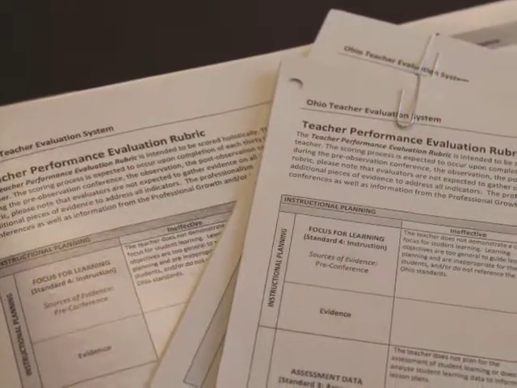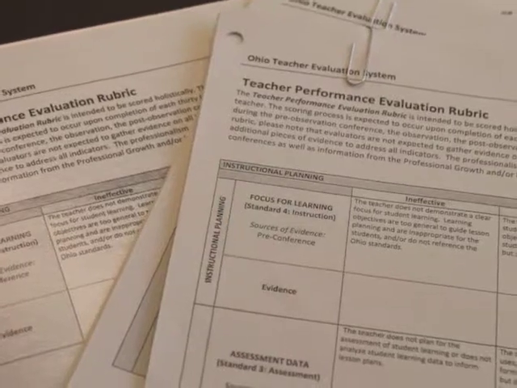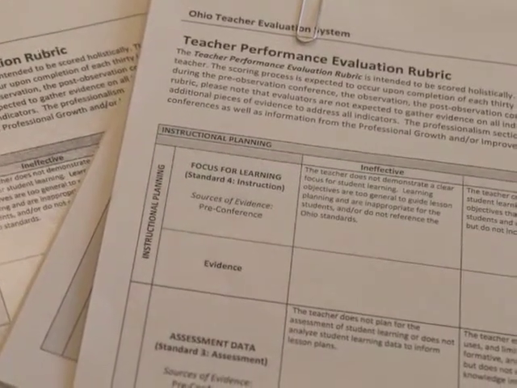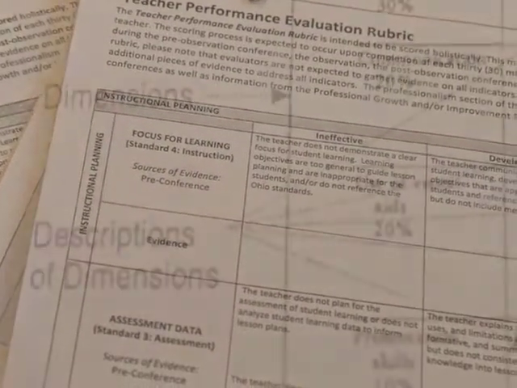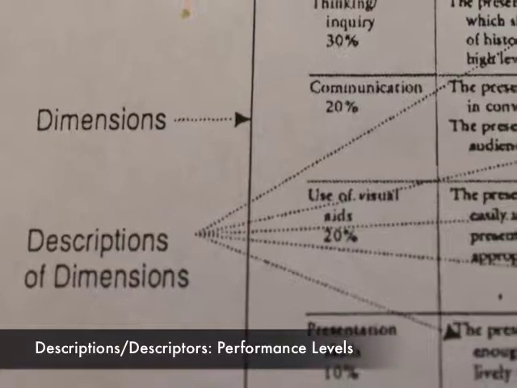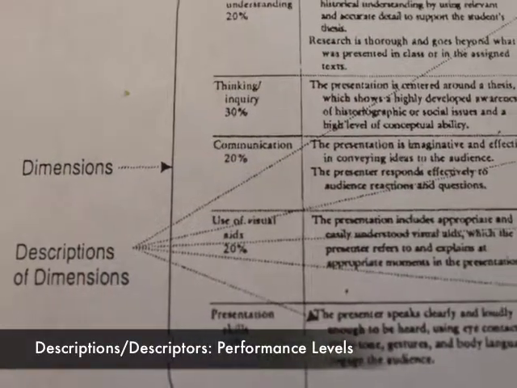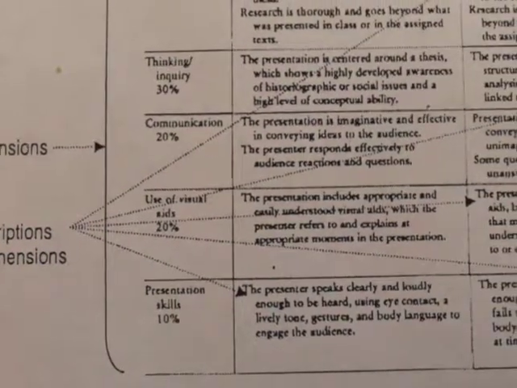The Ohio rubric has 4 dimensions for instructional planning: focus for learning, assessment data, prior content knowledge, sequence, connections, and knowledge of students.